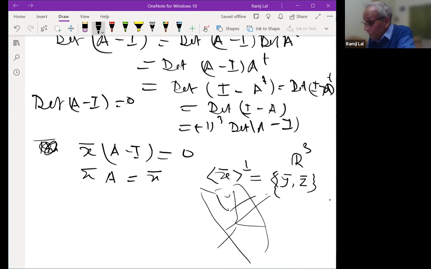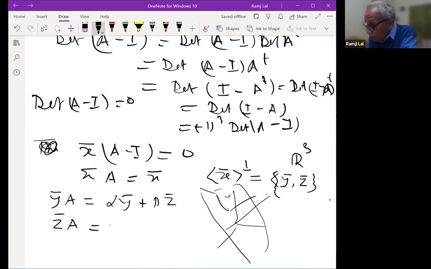So Y and Z are here. So what will be Y bar A? Y bar A will be a linear combination of Y and Z, that is alpha Y plus beta Z, and Z bar A is also equal to some gamma Y bar plus delta Z bar.